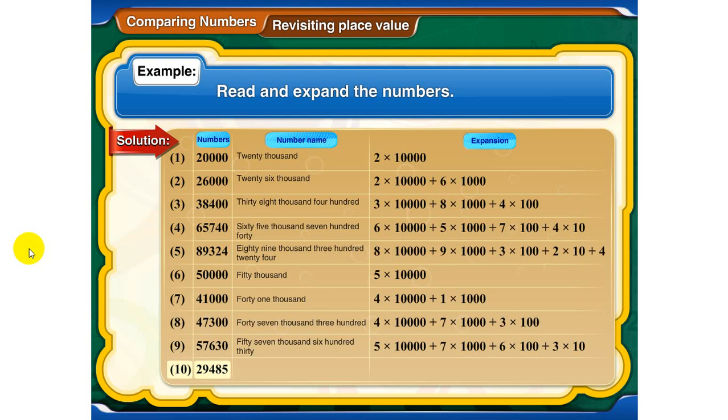The given number is read as 29,485 and expansion is 2 into 10,000 plus 9 into 1,000 plus 4 into 100 plus 8 into 10 plus 5 into 1.